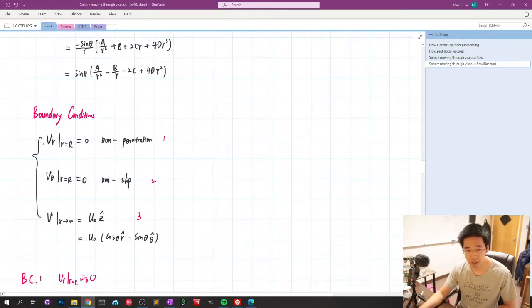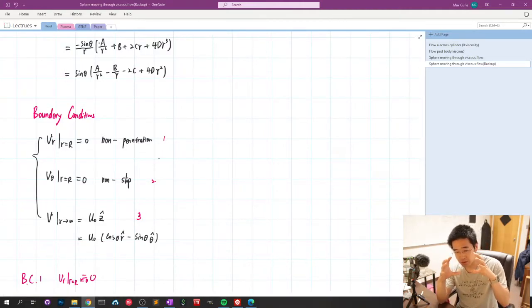Now we have 3 boundary conditions. On the surface of the ball, V_r is 0, basically the flow cannot penetrate through the sphere. That's called non-penetration. And on the surface of the ball, the phi direction is already 0, we know, everywhere.